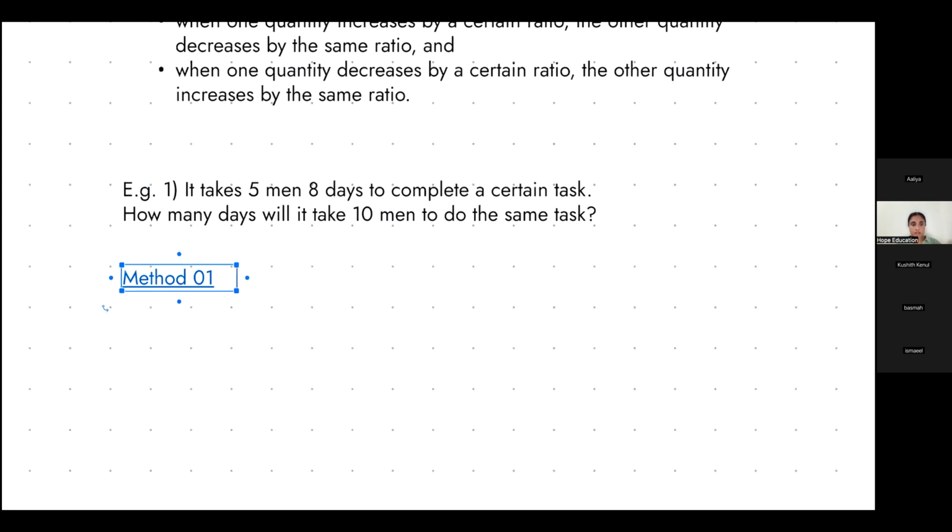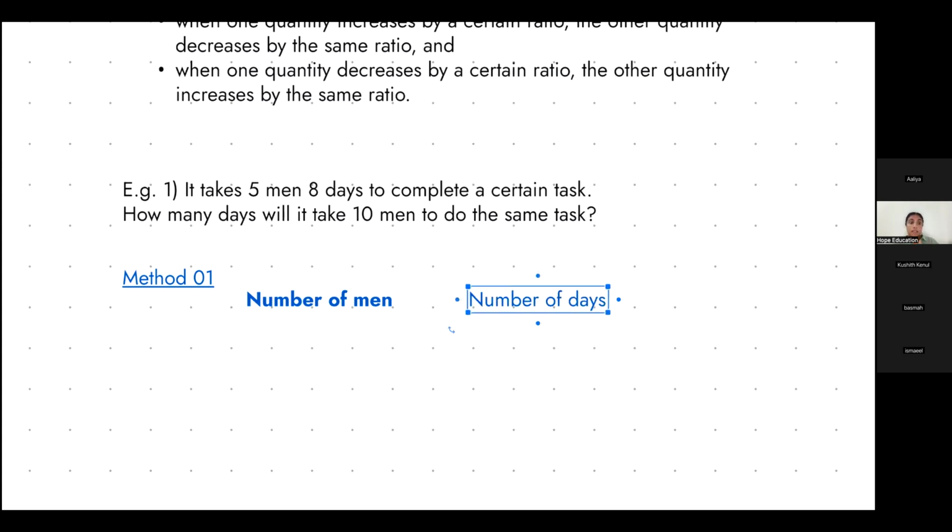But we'll of course start with something simple. Okay, so I'm going to teach you method number 1. Method 1 එකේ වෙන්නේ you first list your quantities. Number of men is one of the quantities. අනිත් quantity එක තමයි number of days. This is the other quantity.